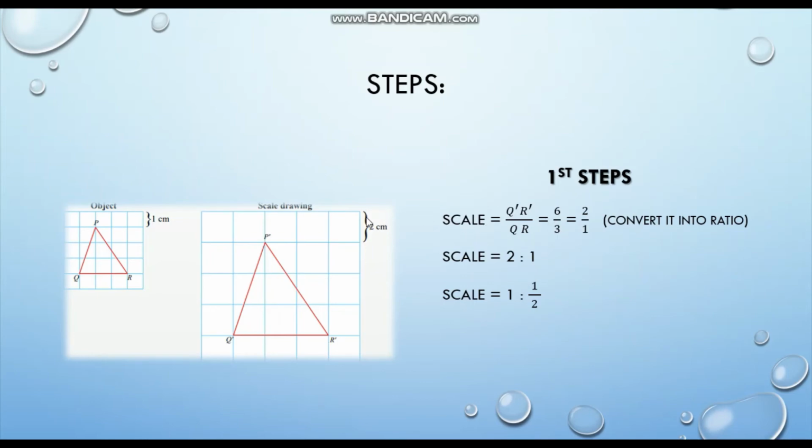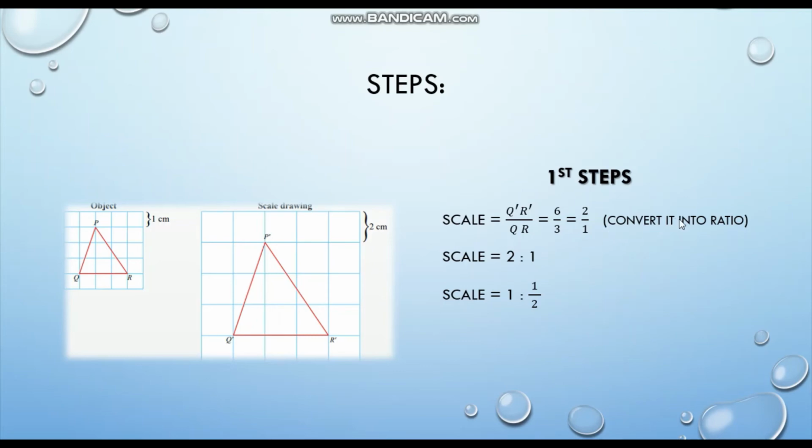We have to multiply: this one is 2 centimeter, this one is 2 centimeter, and the third grid is 2 centimeter, which is equal to 6. And then we have 1 centimeter for the object, 1 2 3, that is equal to 6 over 3. And then we simplify it into simplest form, which is 2 over 1.